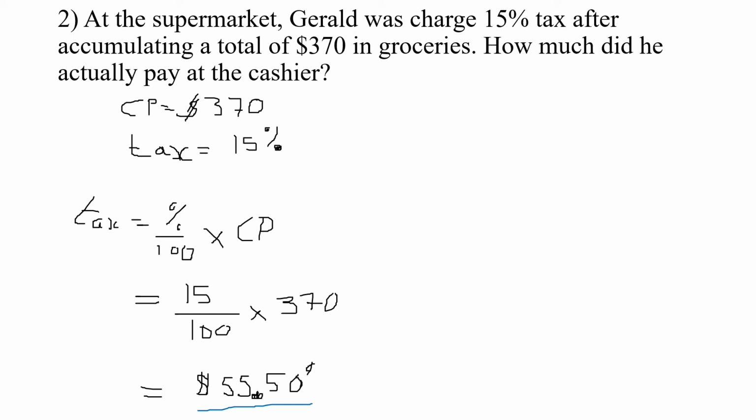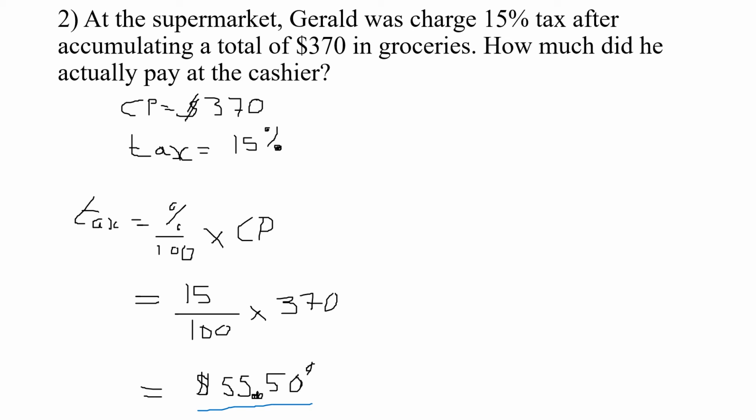No, that sum will depend on your cost price. Based on how much you're spending, that 15% will change also. Take note of that. The only way somebody else will be charged $55.50 is if they too spend $370. Some people, I've seen students believe that 15% will always be $55.50.